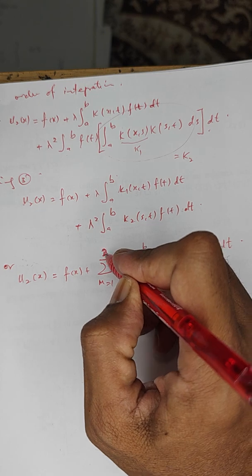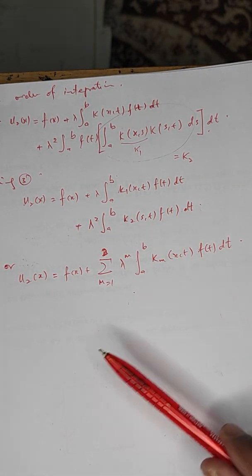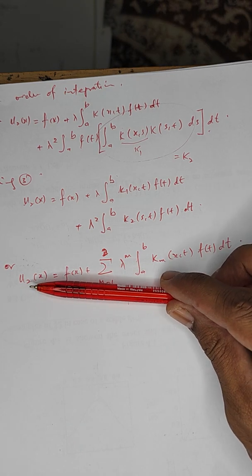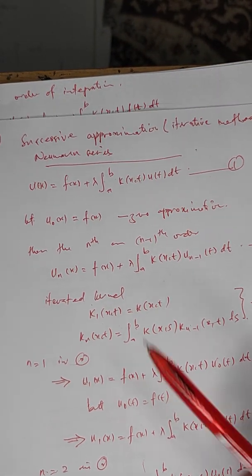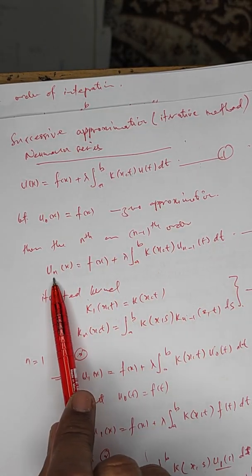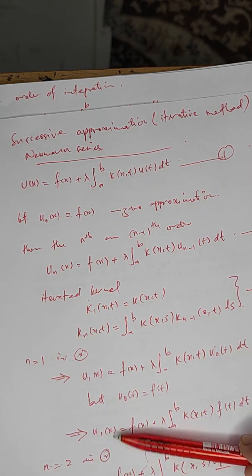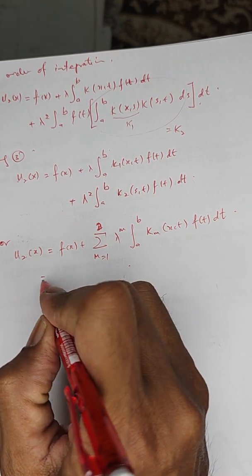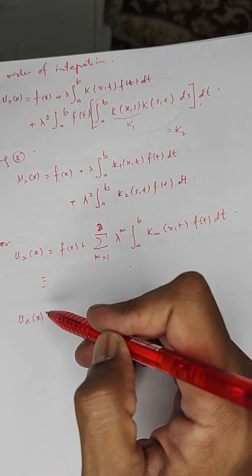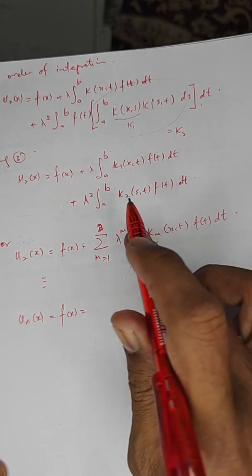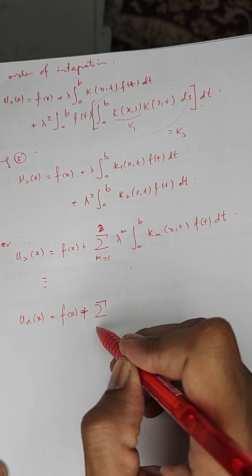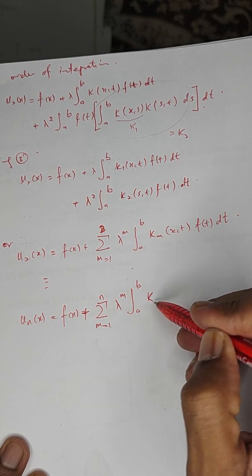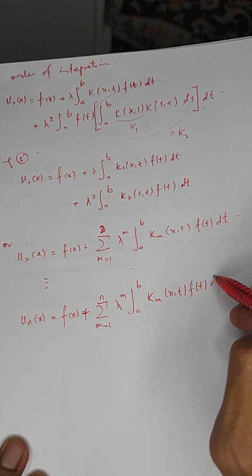If you keep on substituting, using the iterated kernel as well as the definition of the nth term for u, we can find u1, u2, then u3, u4, and so on up to un. The nth term is given as un(x) = f(x) + the sum from m = 1 to n of lambda^m integral from a to b of Km(x,t) f(t) dt.